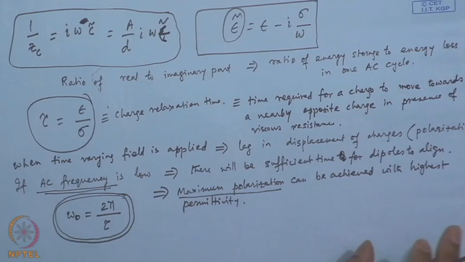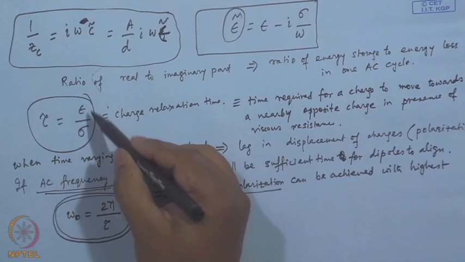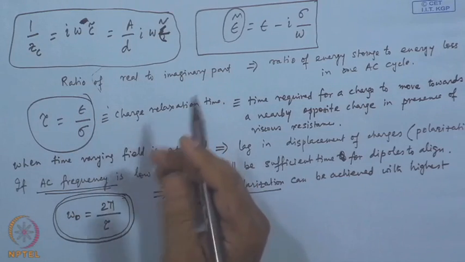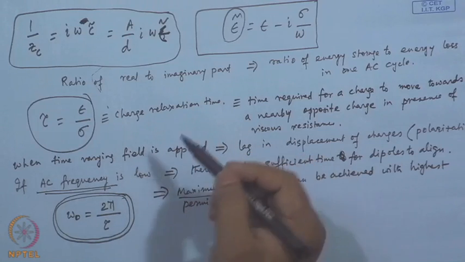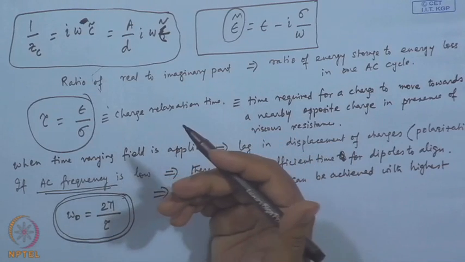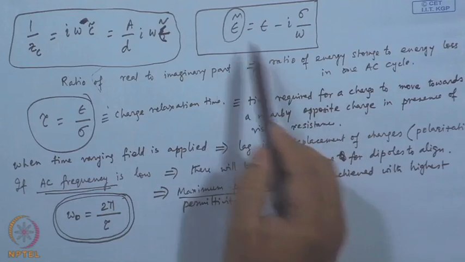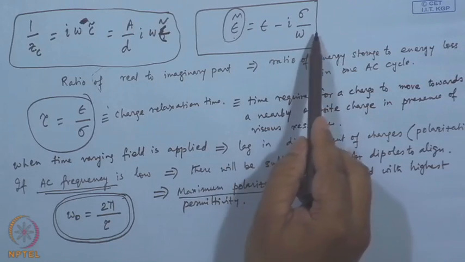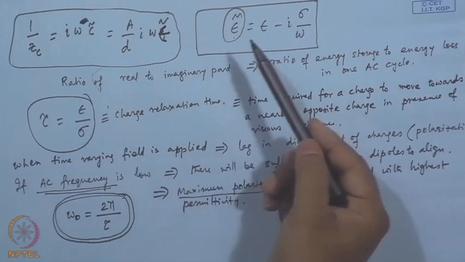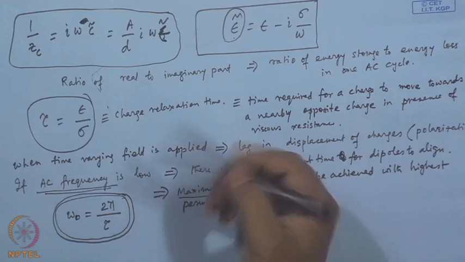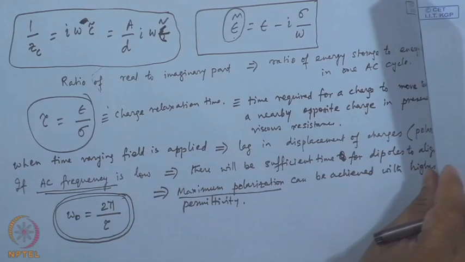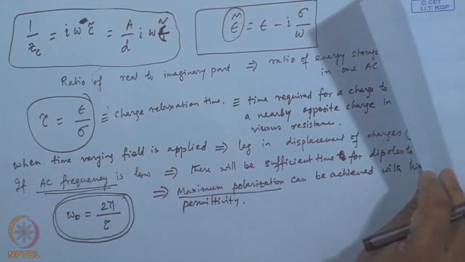This tau equal to epsilon by sigma, we have used for DC electrospray. Now for AC electrospray, there would be a similar RC time scale coming in, and you can define a complex permittivity this way, and still come up with the right frequency such that this issue is addressed.